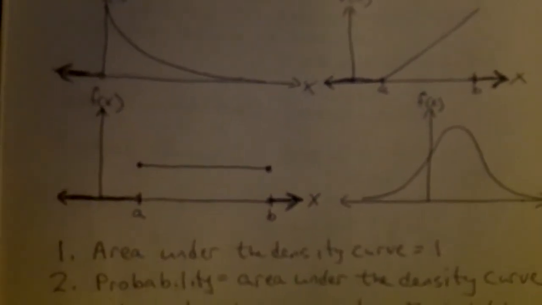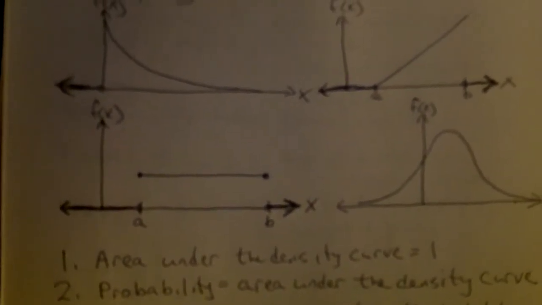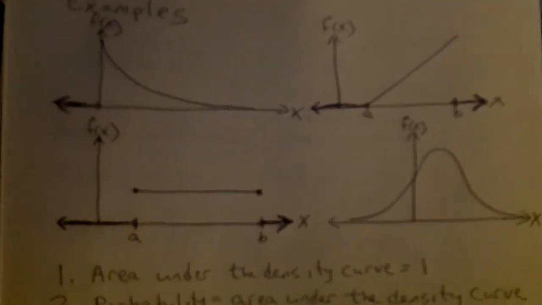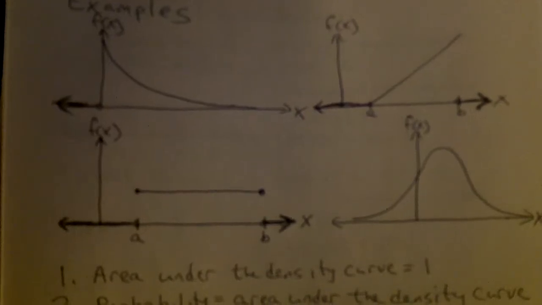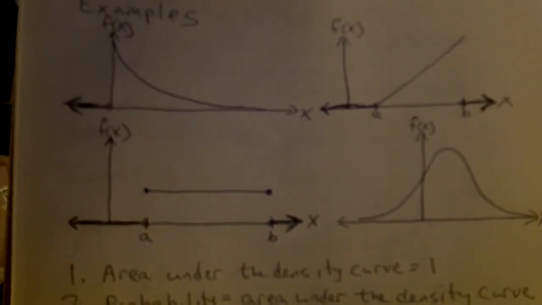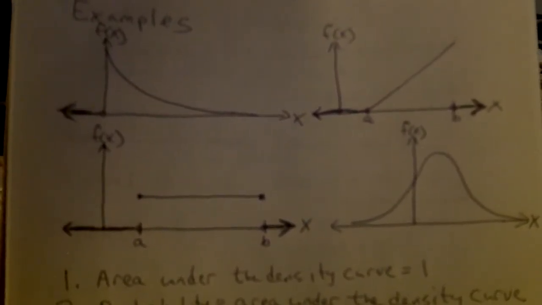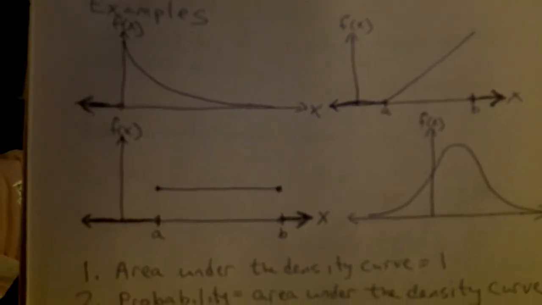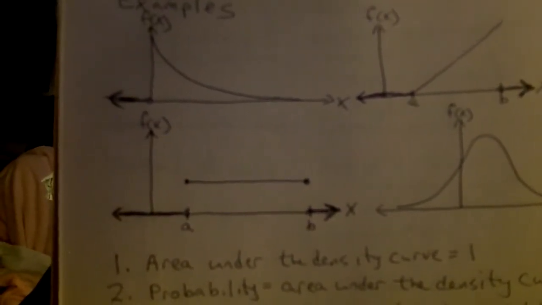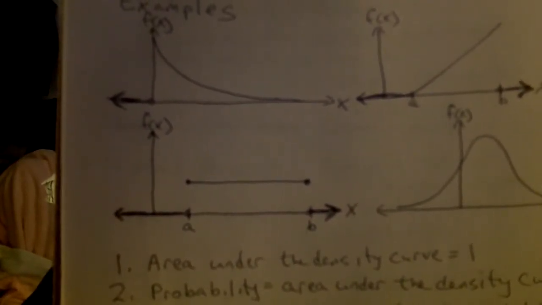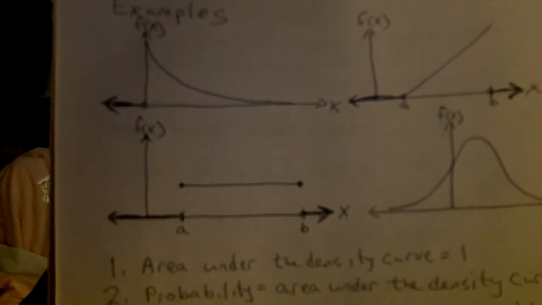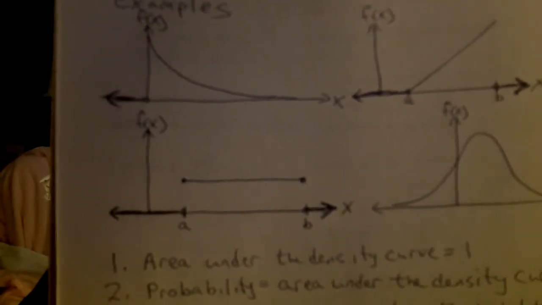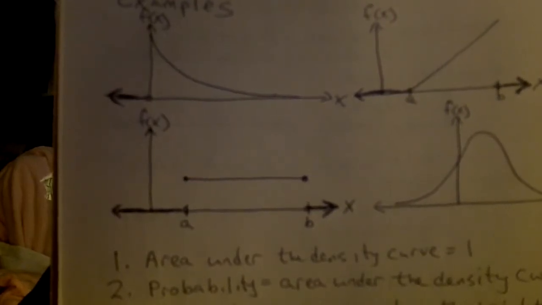In the cases of the upper right and the lower left, both of those continuous random variables have a finite minimum and a finite maximum. In the case of the upper left, the implied minimum is 0, but it's always hard to see this the way it's drawn, the implication is that that density curve goes out forever, so there is no finite maximum in the upper left case.